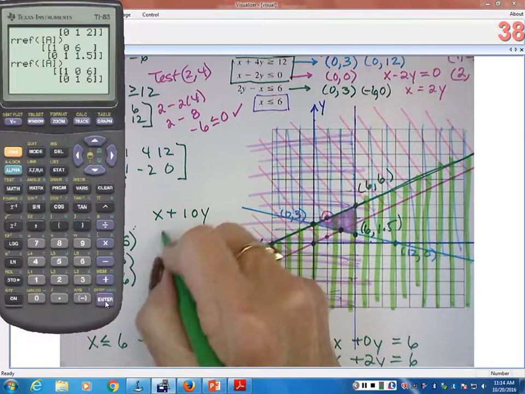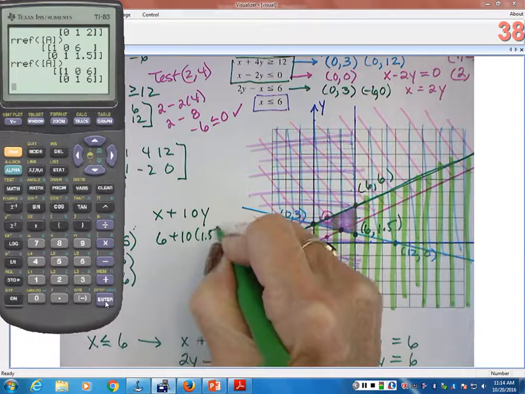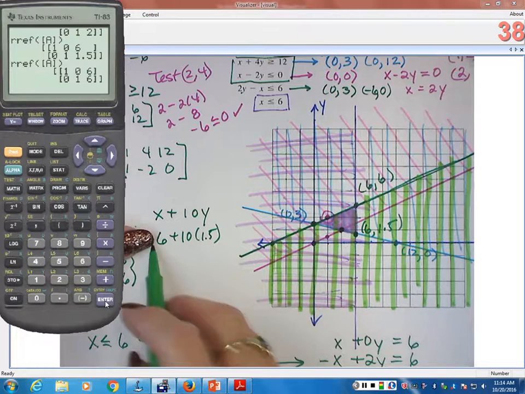So 6 plus 10 times 1.5 is, see, 10 times 1.5 is 15, and 15 plus 6 is 21.